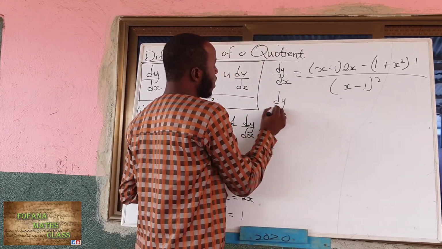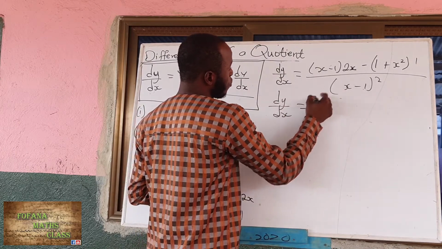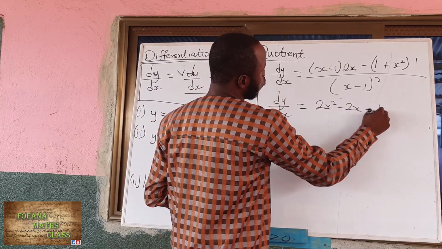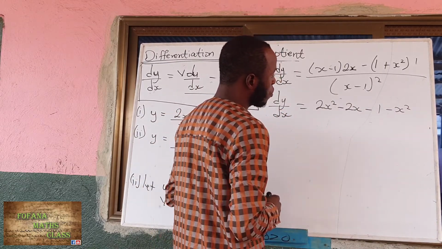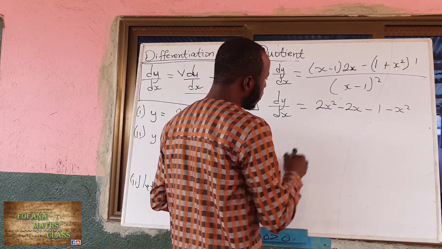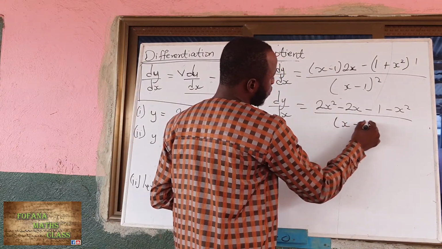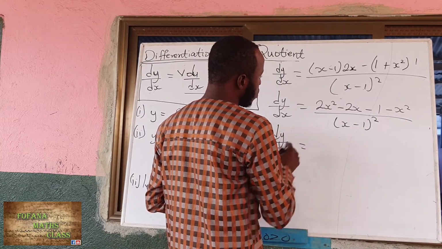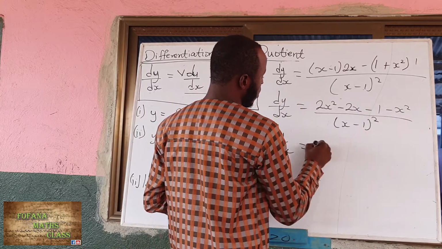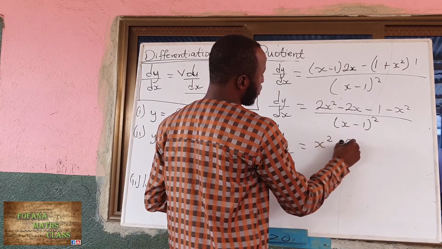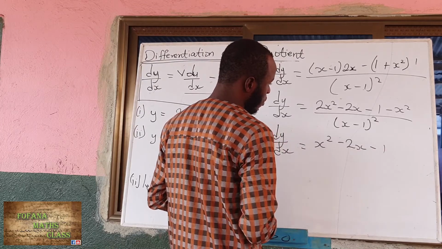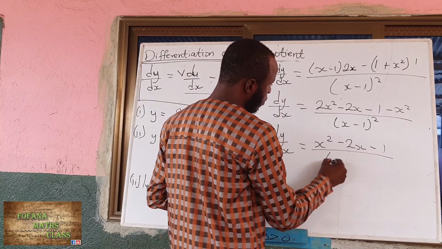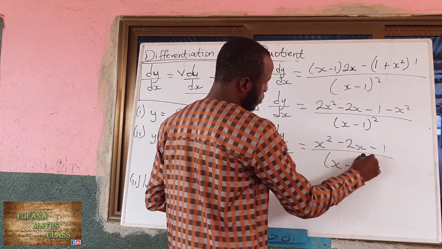So dy/dx, by expanding the bracket, we have 2 times x, which is 2x squared, minus 2x minus 1 minus x squared, all over x minus 1 squared. So dy/dx will be equal to 2x squared minus x squared, which gives x squared, then minus 2x minus 1, all over x minus 1 squared.